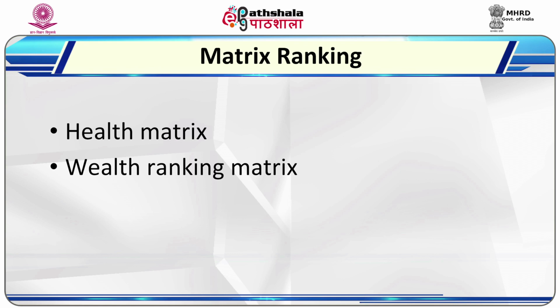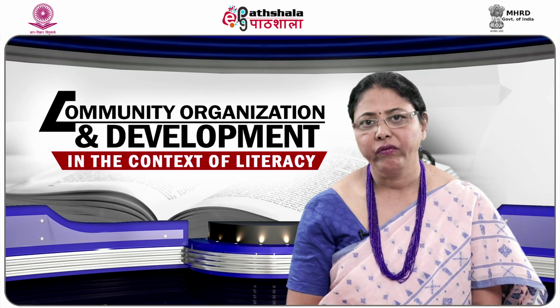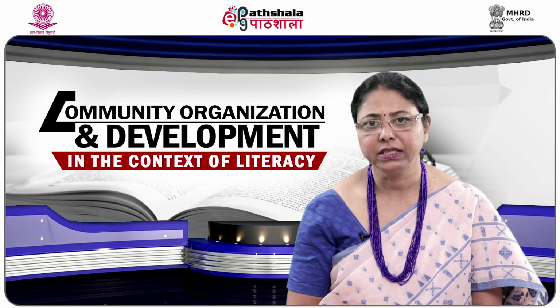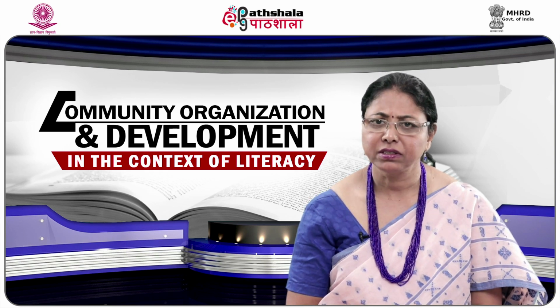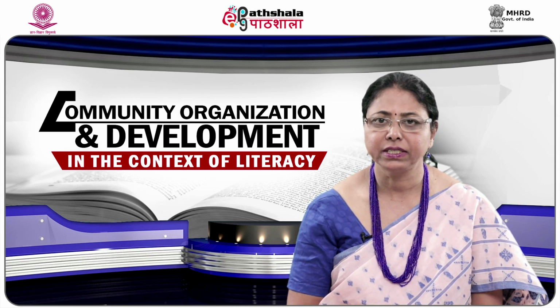Wealth ranking matrix explains participants discuss the social status in the village. This exercise is useful when we need to compare and study the merits and demerits of a variety of items such as different types of crops, animal breeds, trees, etc.